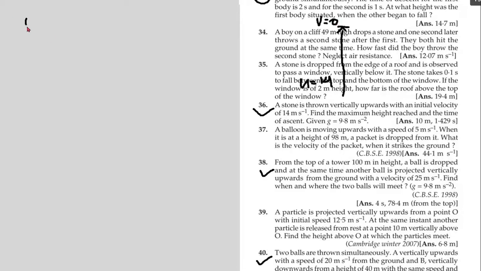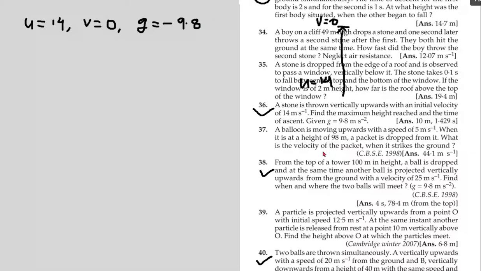So v equal to 0, and take g as 9.8. Now the stone is moving upward, so I'll take g as negative, meter per second square.